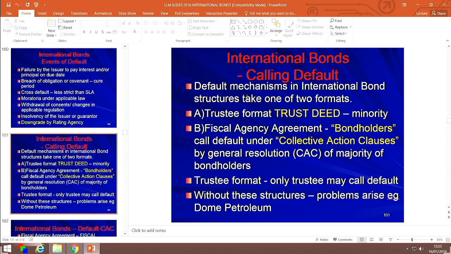The collective action clause requires a majority of bondholders as defined, in the bond instrument and the fiscal agency agreement, to vote to call a default.